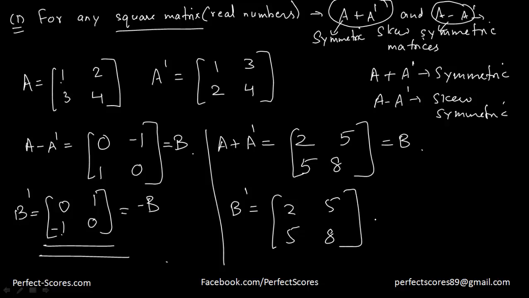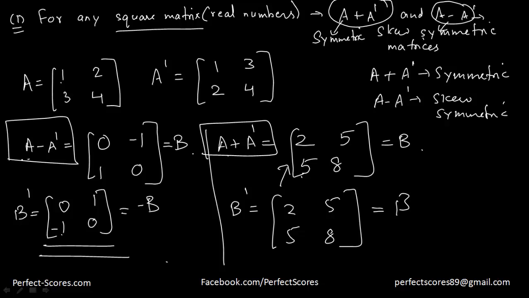The value of B transpose is actually going to be equal to the value of B. You can clearly see that these both are equal. So A plus A transpose is going to be symmetric, and A minus A transpose is going to be skew symmetric. So that's the first theorem.